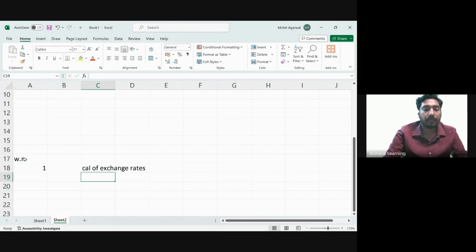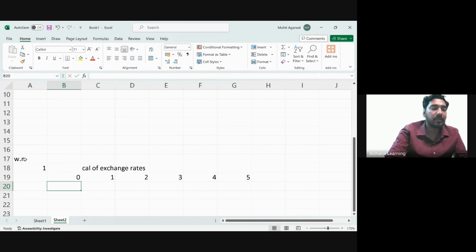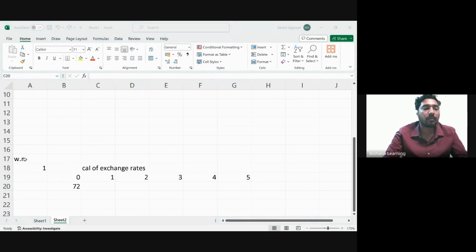2, 3, 4, and 5. Because dollar and currently we are in pesos, Megam pesos, so we have to convert it. They have given us $1 is 72 Megam pesos. After this, we have to check the inflation rate.